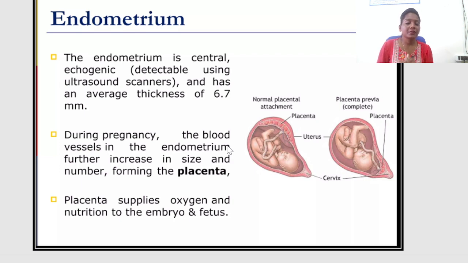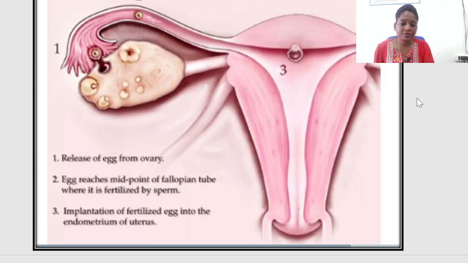So when they ask you to draw a neat diagram of the uterus, you have to draw the complete diagram of the uterus, and you have to keep some headings like shape, size, measurements, layers, parts, and about the endometrium, and where it is attached, and the location: how it is located anteriorly, how it is located posteriorly, and laterally it is connected with the fallopian tube.